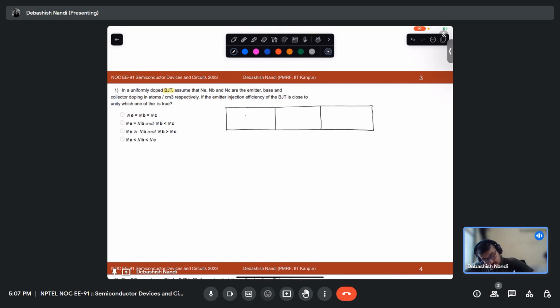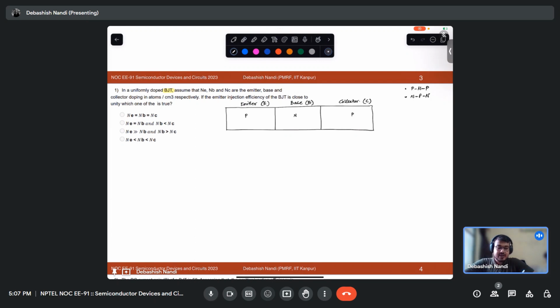There are two types, PNP and NPN, so we can take any one and do the analysis. Let us term this the emitter, this is the base, and this is the collector, or shortly C, B, and E.